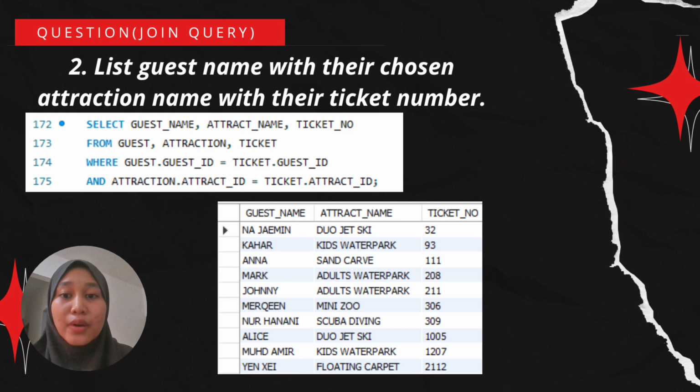So next is from guest, attraction, and ticket, which are 3 different tables, where guest ID equal to ticket guest ID, and attraction attract ID equal to ticket attract ID. So this is the output that we get.